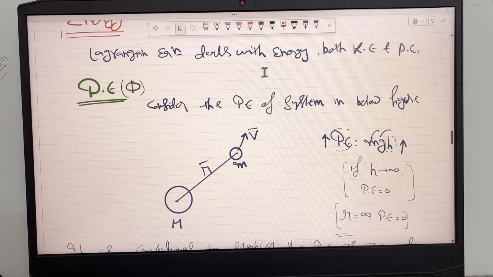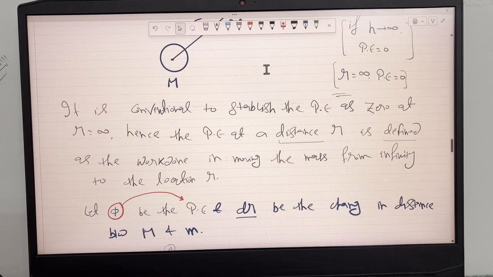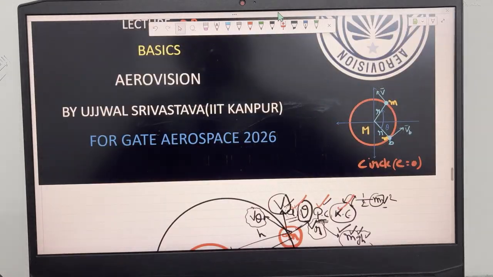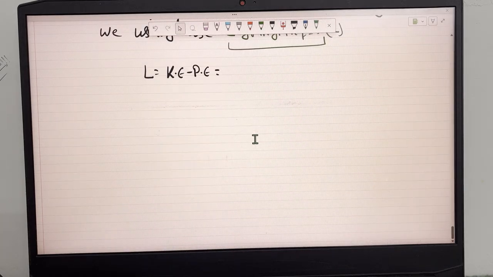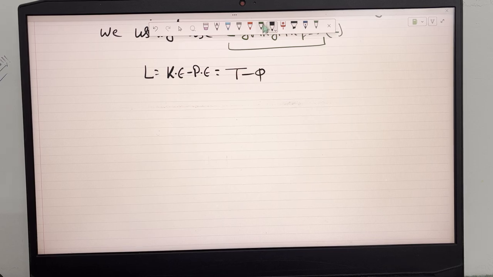It will be very helpful when you write the equations in a very simple way in the form of T and phi. So it will be T minus phi. Then what will be the Lagrangian equation?